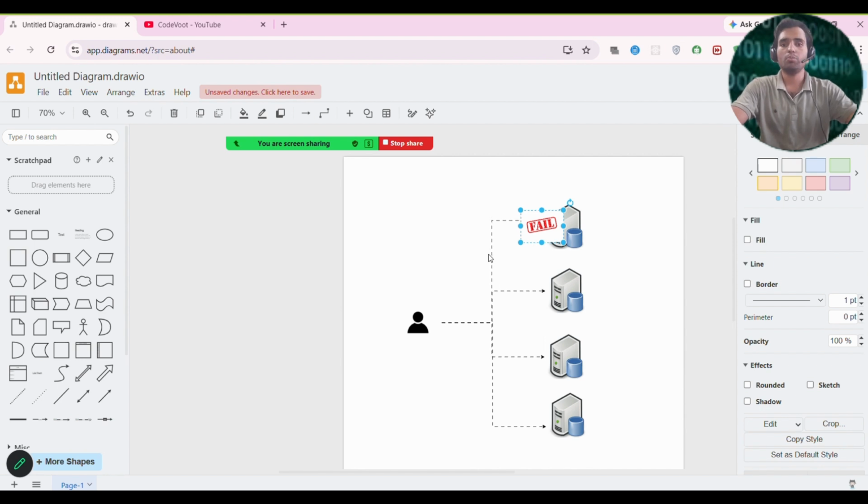Now, when a network partition happens, the system must choose between two options. That's what the CAP theorem says. The first one we have is CP, which means consistency and partition tolerance. Here we are missing the term A, which is availability.